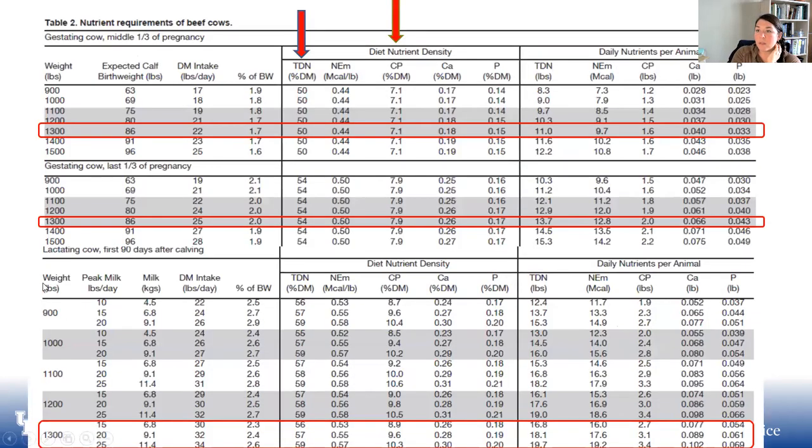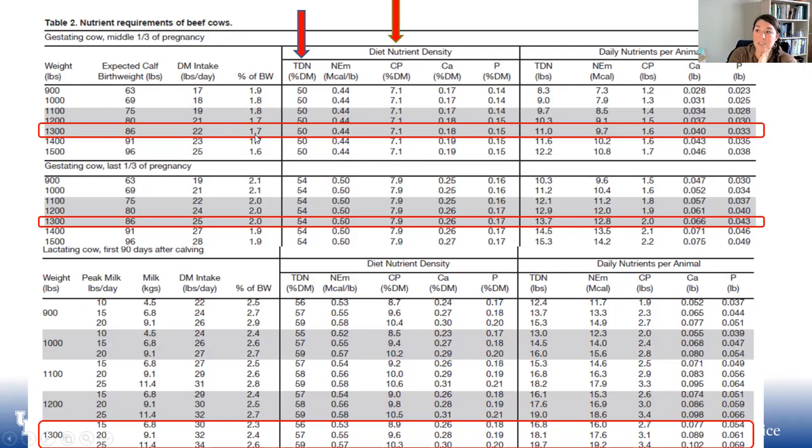All right. Lots of numbers on here. But this was taken straight from the NRC for beef cows. The reason I'm showing you this is, if you look at this red line across, for a 1,300 pound cow expected to have about an 80 pound calf, her dry matter intake is going to be about 22 pounds a day.